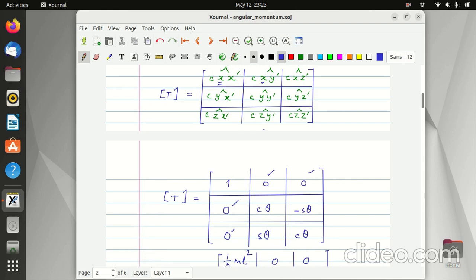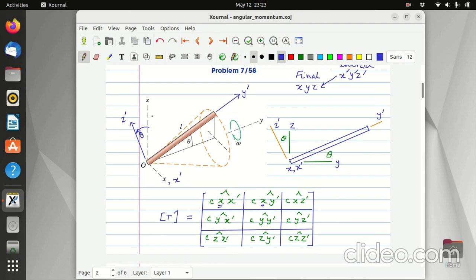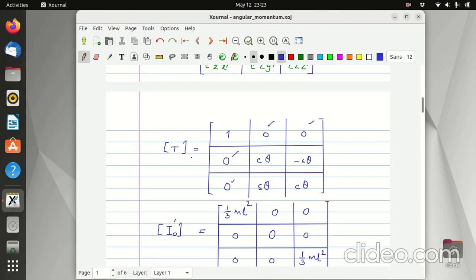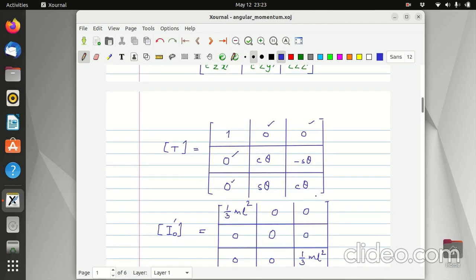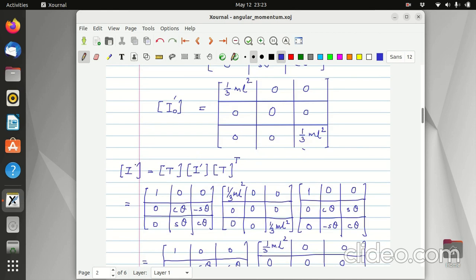And what is the angle between z and y dashed? The angle between z and y dashed is 90 minus theta, so cos of this is sin theta. And cos of z and z dashed is again theta, so this is cos theta. So we have got the transformation matrix. Now we can get I using this transformation matrix, and you know this relation.